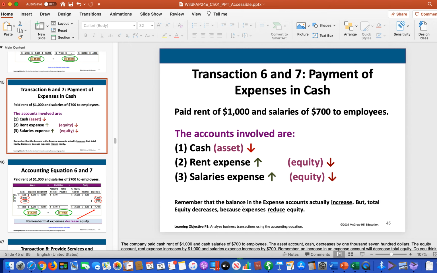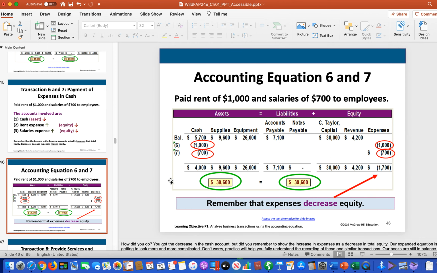And you can read this information here at the bottom too. It says the same thing I just said, just in a different way. So let's take a look at it. Here we can see the cash went down. You paid out $1,000. You paid out $700.